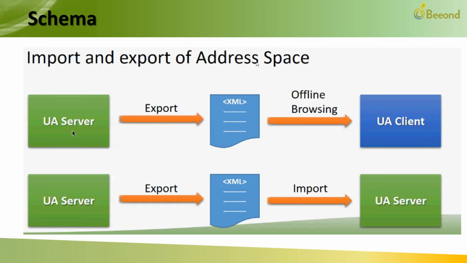But there's also the capability, specified in the OPC UA specification, of course, for an address space to be exported, and at the current time it can be exported as an XML structure that can be used, for example, by clients to become aware of the address space without necessarily connecting to a server and browsing it, but just by loading that XML file, which is called nodeset.